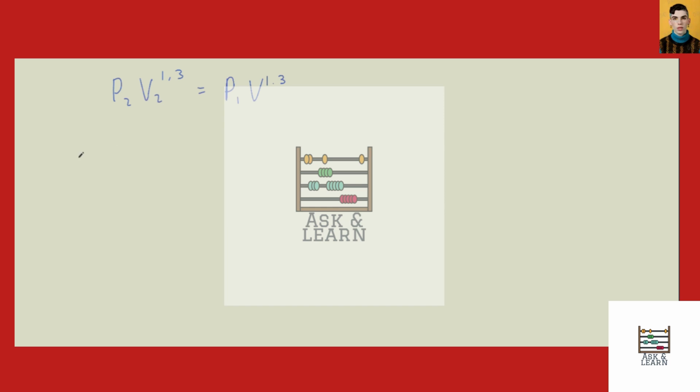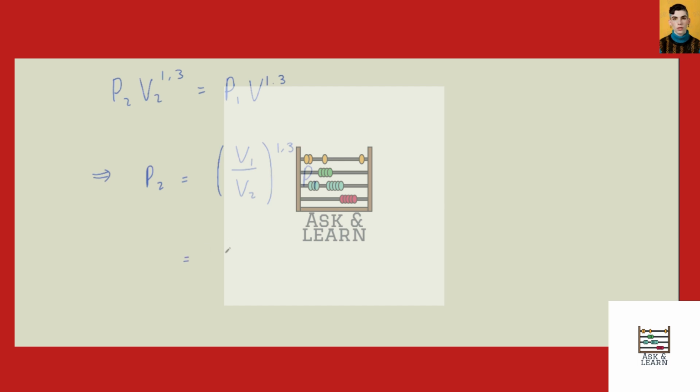And we can rearrange this equation and find the final pressure P2, and P2 is equal to the volume of the initial state over the volume of the final state, all to the power 1.3 times the initial pressure P1.